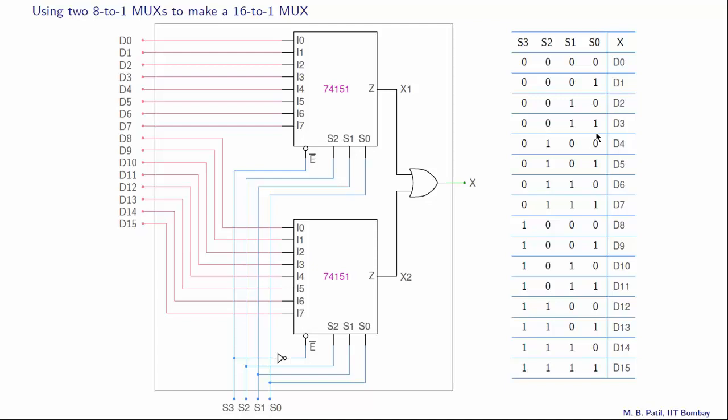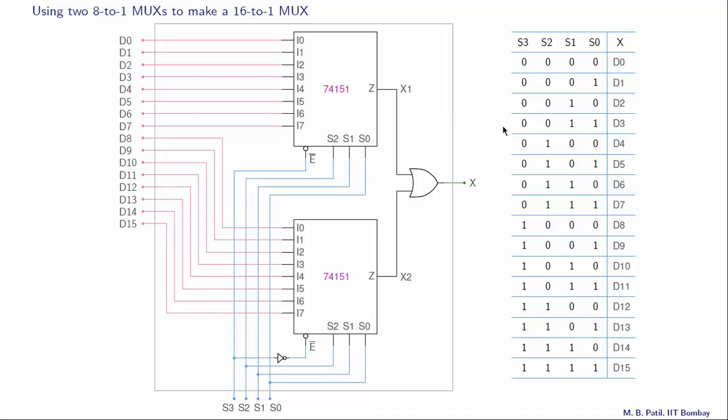So if those are the inputs applied here, we expect D3 at the output, and let us see if that happens. Since S3 is 0, this mux is enabled, this mux is not enabled, so this x2 is made equal to 0, and our x is equal to x1, as we have seen before.